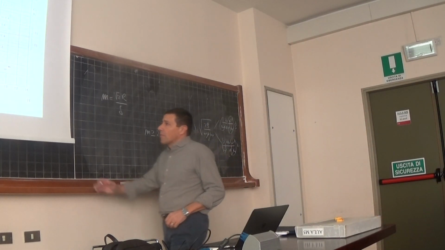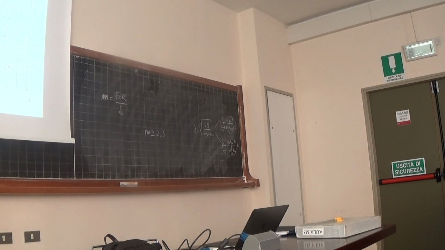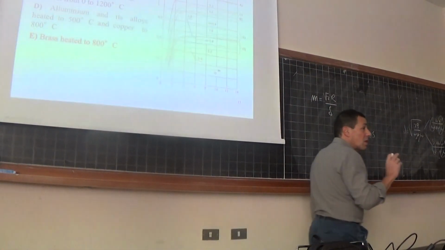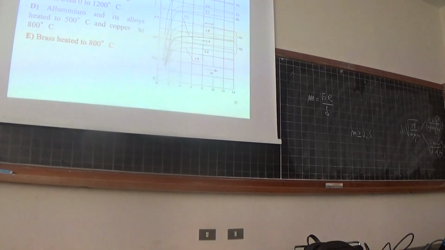So, we would like to be able to guarantee a proper efficiency both below Curie temperature and above Curie temperature. In order to do so, we must design or choose properly the process parameters above Curie temperature. Why? Because if we have parameters able to guarantee a proper value of M above Curie temperature, we are sure that below Curie temperature we guarantee the same too.